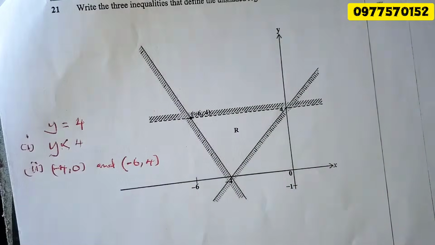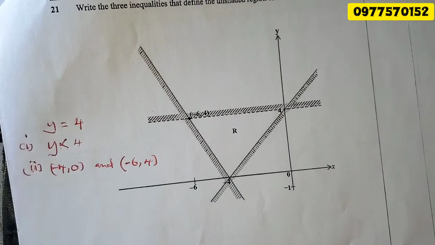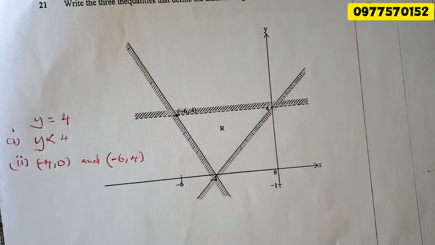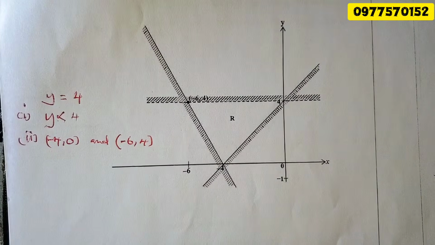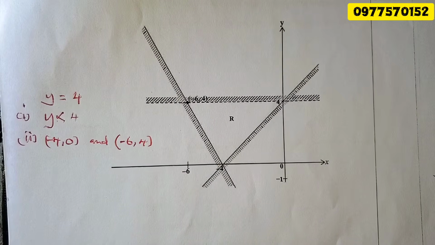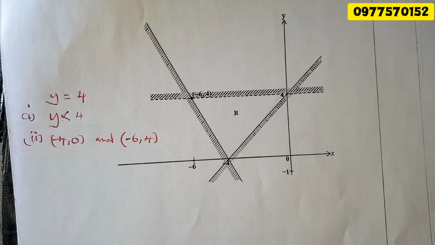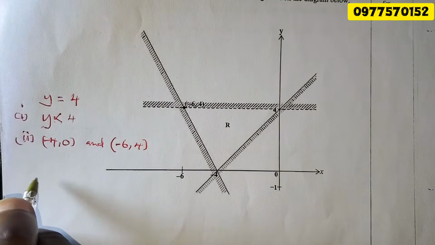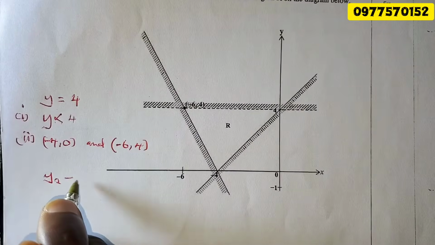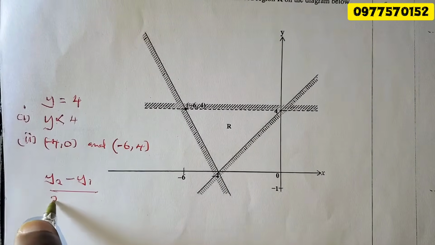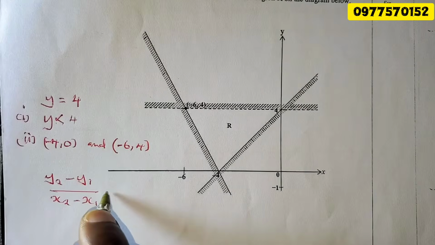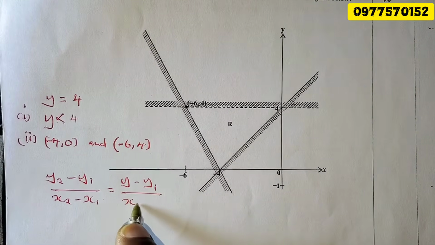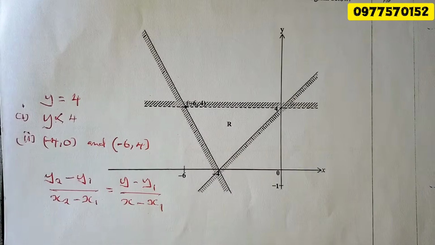So what we're going to do is, we're not going to panic, but we're just going to solve. Are we together? Now, how are we solving this? It is very simple, guys. I usually tell my students that you use this formula: y2 minus y1 over x2 minus x1 is equal to y minus y1 over x minus x1.